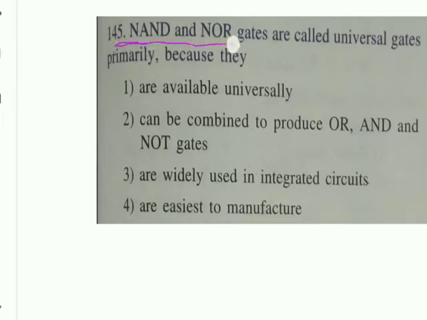NAND and NOR gates are called universal gates primarily because they, option 1, are available universally. It is not right.